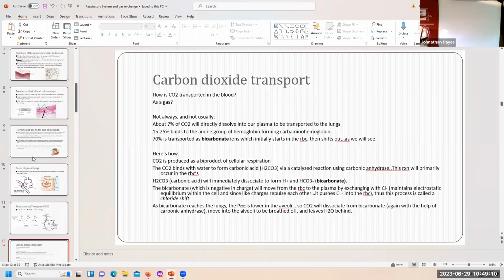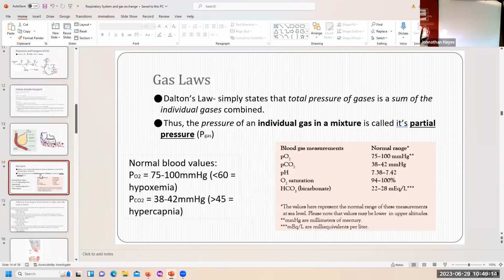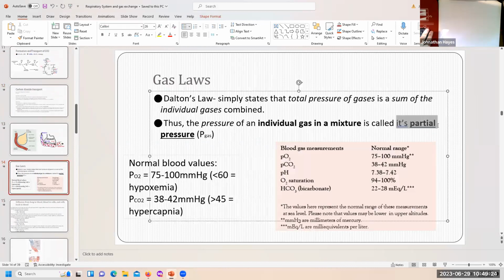Let's get into some basic numbers here. A lot of times in practice, when you're monitoring a patient, you will read about things called partial pressures. Partial pressure is a derivative of Dalton's law, which is a pretty straightforward law. It basically says total pressure of gases is the sum of the individual gases combined.